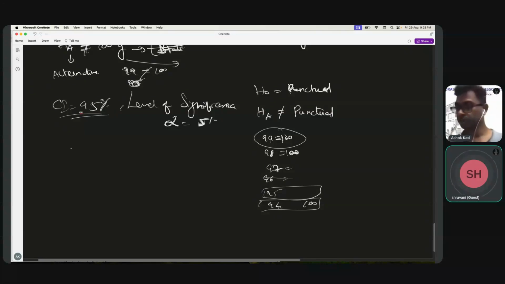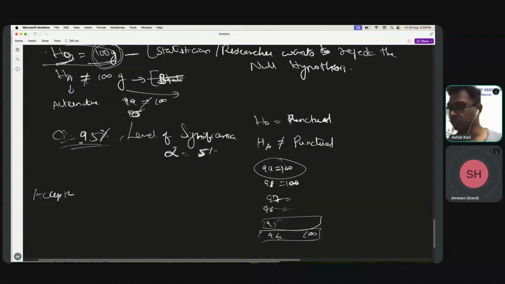Now what will be the output? Output will be to accept the null hypothesis. That means we are accepting that it is fine, it is equal to 100. Accept the null hypothesis when it is true.